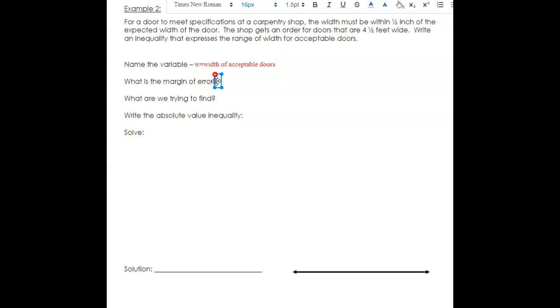How much do the width of the doors need to fall between? Well, up here it says the width must be within 1/2 inch, so the margin of error is 1/2 of an inch. And what are we trying to find? Well, the question says write an inequality that expresses the range of width for acceptable doors, so we're trying to find the range of door widths.